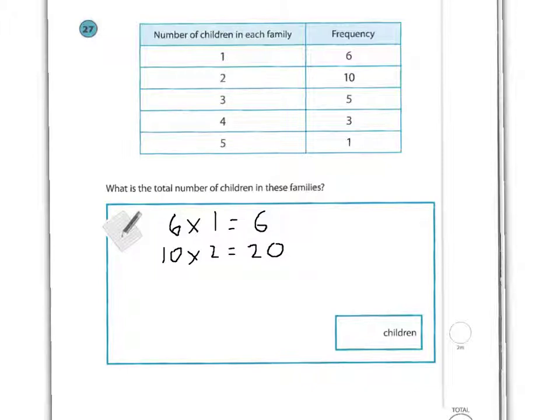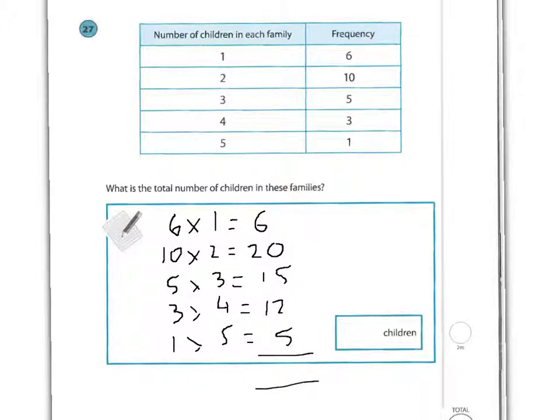And we keep multiplying like that. So we would then have 5 times 3, which is 15. 3 times 4, which is 12, and 1 times 5, which is 5. Now the total number of children will be the sum of all these, so we have 6, 20, 15, 12, 5, which gives us an answer of 58 children.